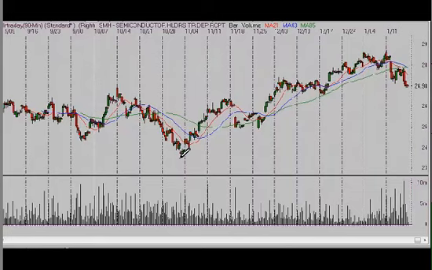Going back to the 90-minute, just for bigger perspective, what we see here is that we've had this resistance up at 28.80 or so. Then we had support tested down at 27.90, 27.85, and today we're seeing a lower low. So now we have this lower high, and now we have these lower lows as well.